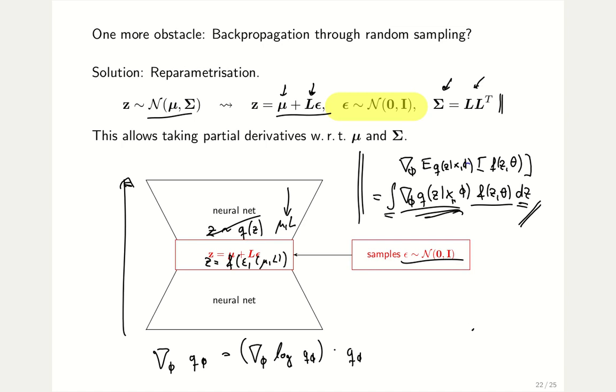And to see why this is the case, simply take the derivative of the log likelihood, and you will see that this is actually equal to 1 over q times the gradient of q. That's the derivative of the log likelihood. And then this 1 over q cancels out with this q, and you're left with the gradient of q, and that's the left-hand side.